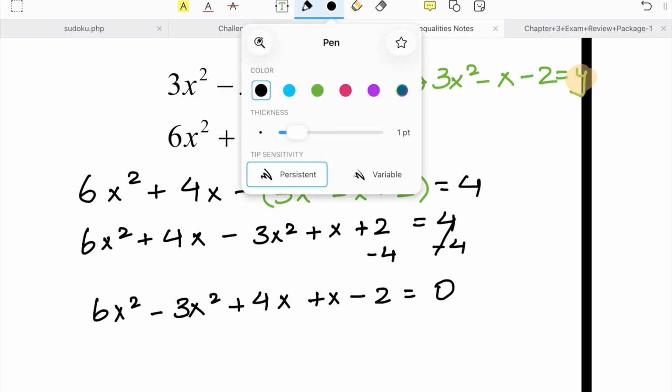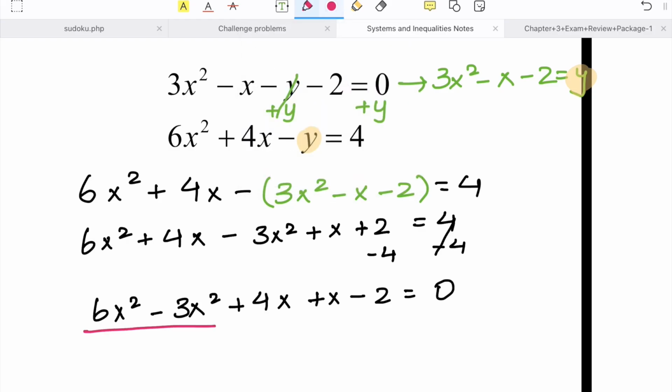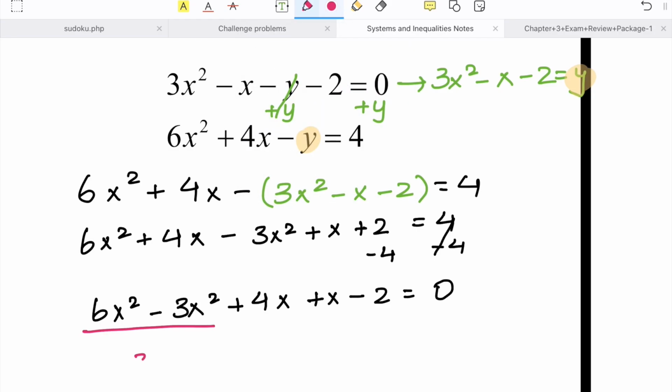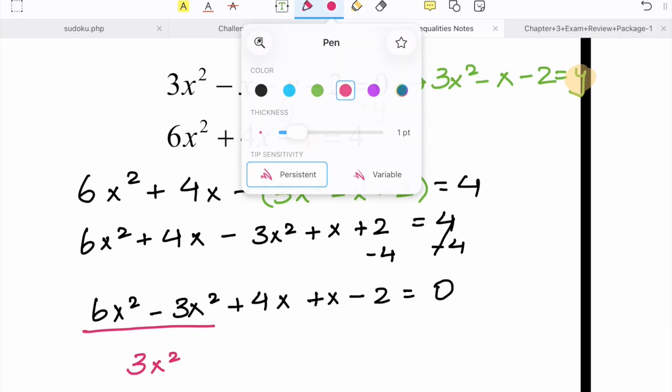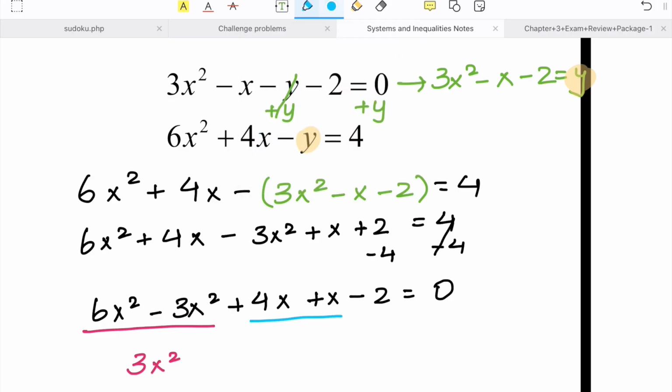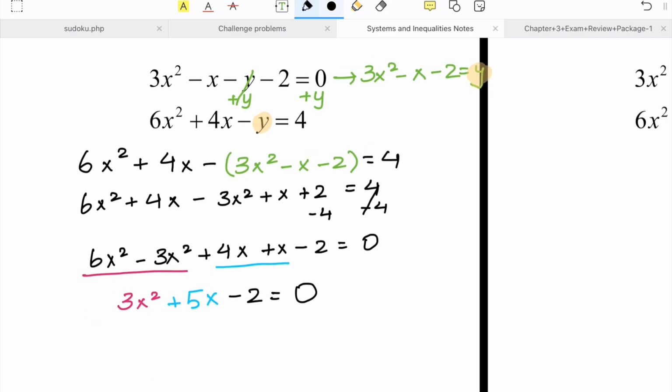Now I have my like terms. 6x squared minus 3x squared will be 3x squared. 4x plus x will be 5x, and then minus 2. Now I have my quadratic function, right? I can either use product sum factoring or the quadratic formula to solve this.